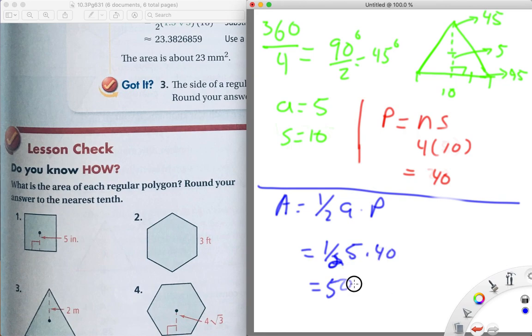Alright, that makes more sense. So 100. 100 inches squared. My mistake. Okay. I confused the side with the apothem. Alright. And that is the area of the regular polygon. Okay.